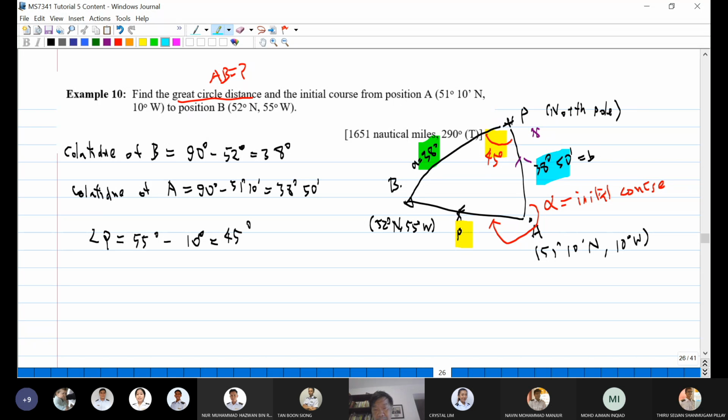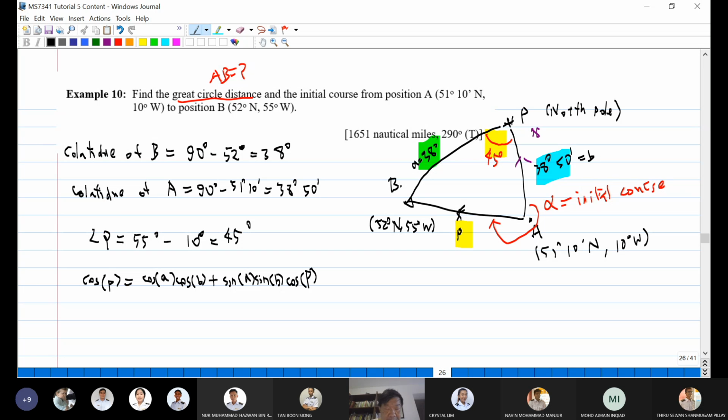You can use the law of cosine, say that cosine of side p. Okay, all this formula will be provided, but if you know it, then it's easier. Cosine of side p here is cosine a cosine b plus sine a sine b cosine of angle P for spherical triangle, right?